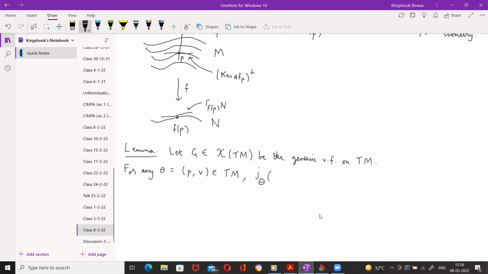With respect to that isomorphism, the horizontal and vertical components of G theta, so J theta of G theta.